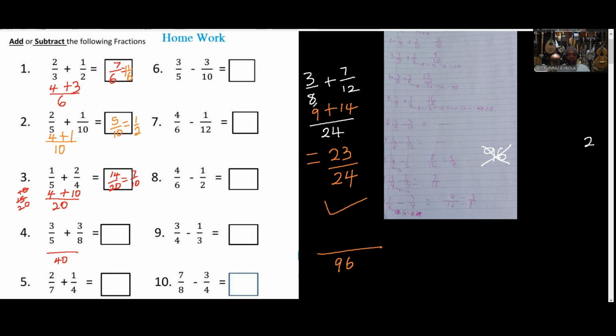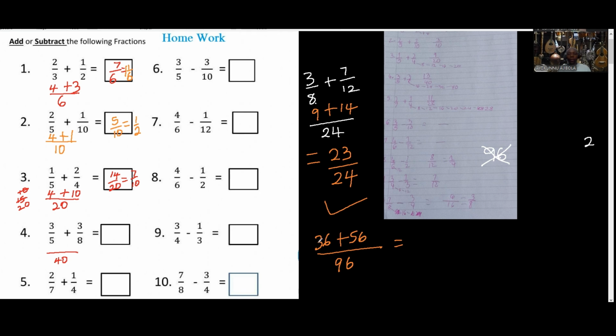We will have to say how many 8 is in 96? That's going to be 12, right? So 12 times 3 will give us 36, okay? Plus, how many 12 in 96? That's 8. 8 times 7 will give us 56.